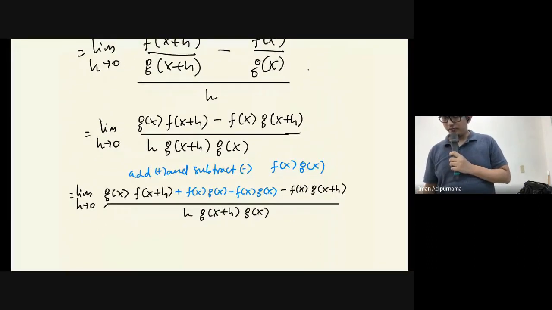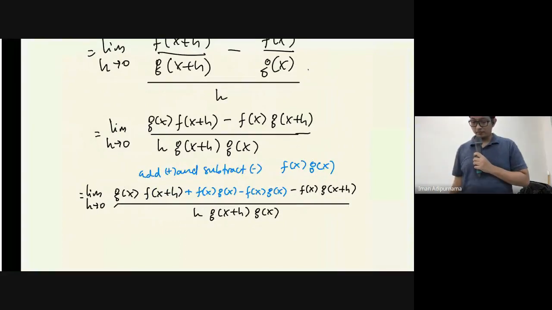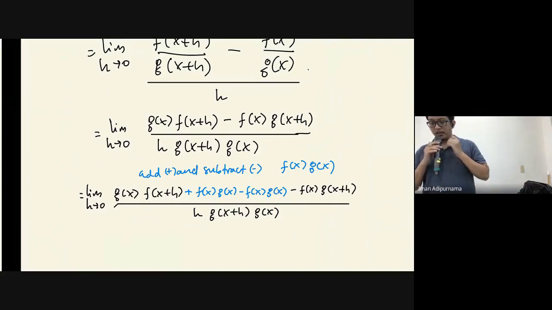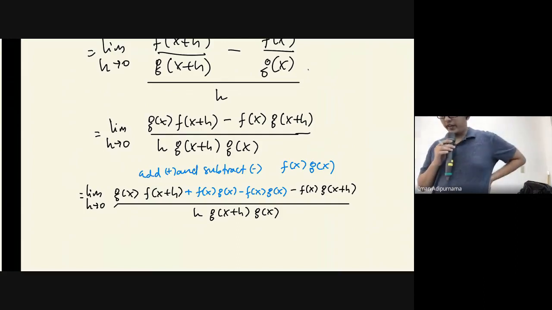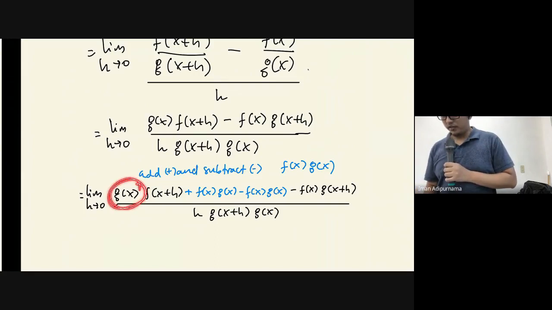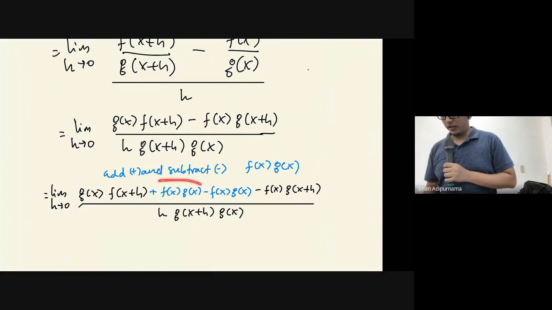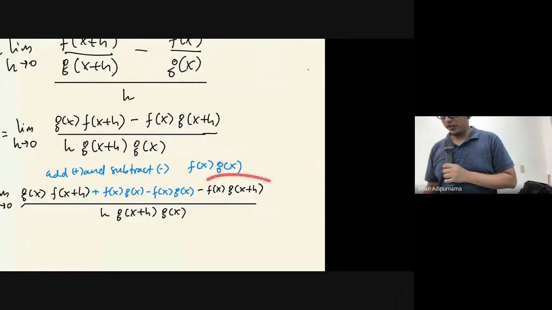So you get this form. And then grouping the g(x) and f(x). This g(x) groups with this minus g(x), and the other group will be f(x) grouping with the other f(x).